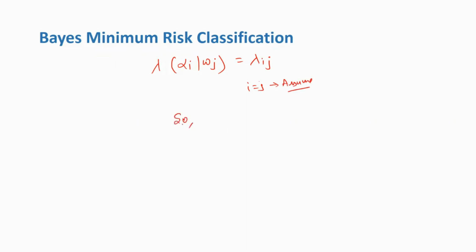Question: till now, for misclassification, we always calculated the error, and only now we introduce this loss function. So can we not find the total error here? Yes, definitely.